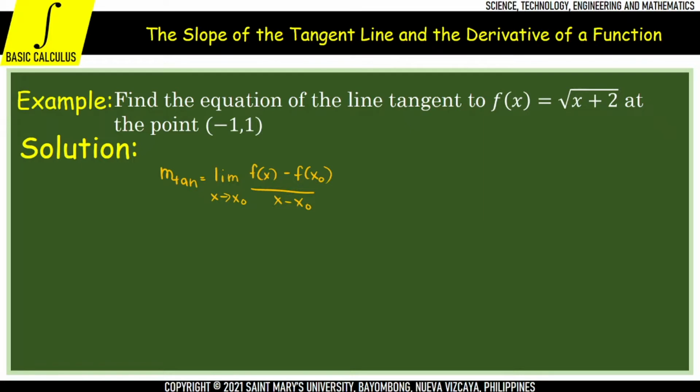Okay, next, again, for our given point, negative 1 is x sub 0 and positive 1 is f of x sub 0. Next, substitution, we have the limit of f of x which is equal to the square root of x plus 2 minus positive 1 all over x minus negative 1 as x approaches negative 1.